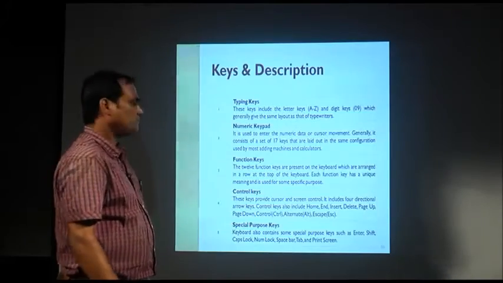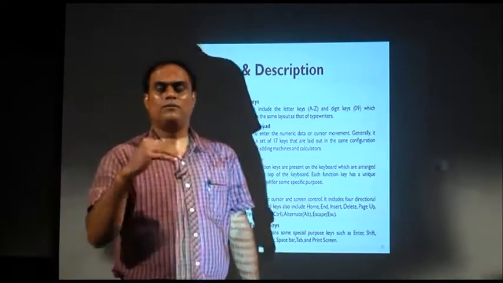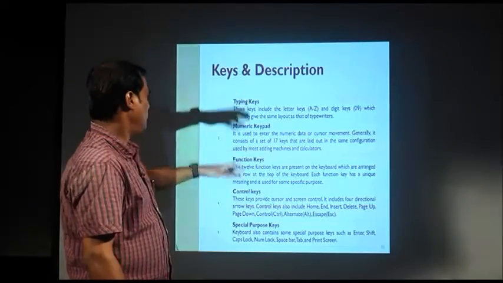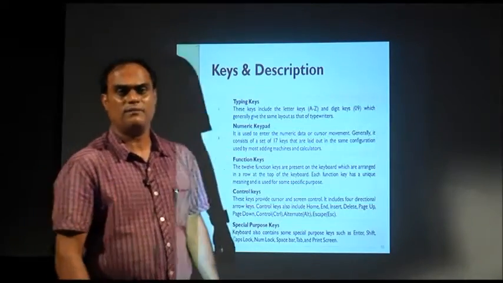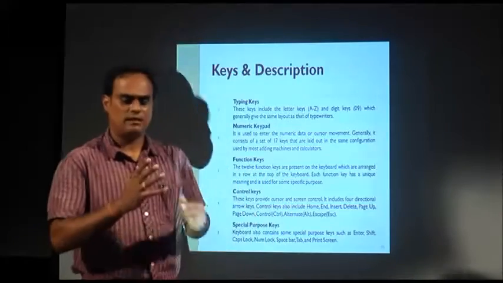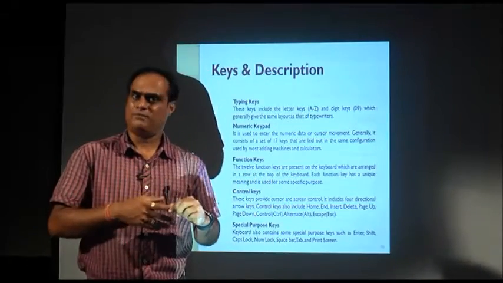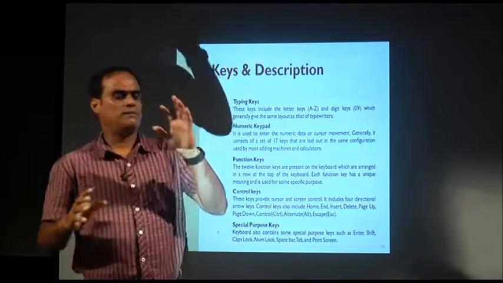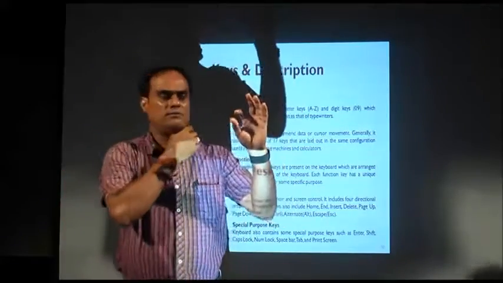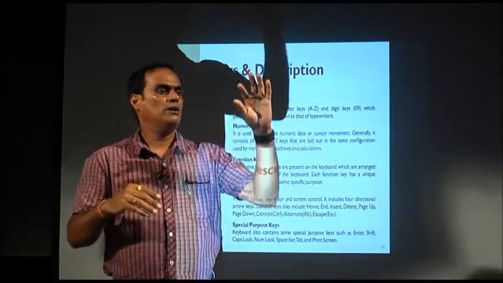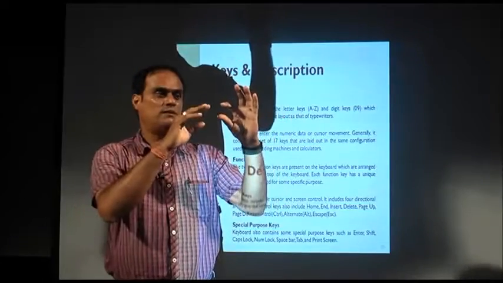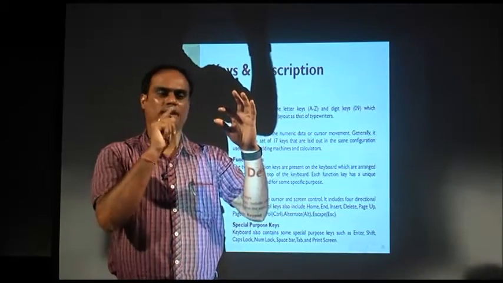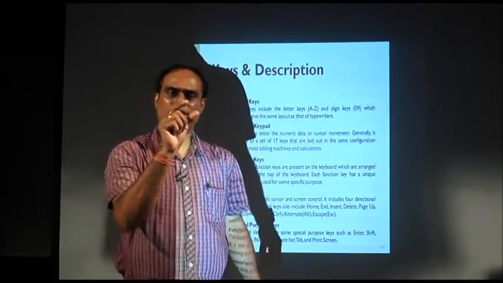Next are function keys. There are 12 function keys available on the keyboard, F1, F2, F3 to F12. Function means it is defined. If I ask what F1 does or what the system will understand, F2 means a specific set of activities.